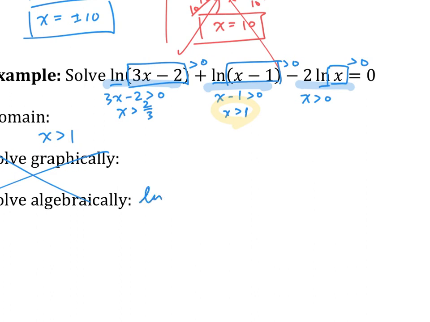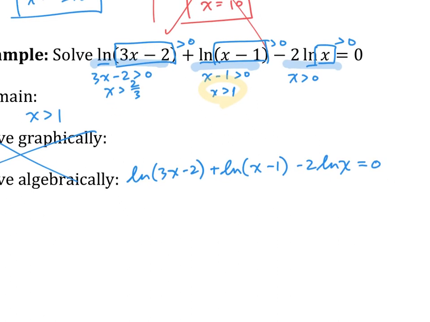All right, let's rewrite the question. Okay, in order to solve this question, we got to combine all the logs into one. So that means take out your skills from the 3.4 section. How do I simplify them into one big log?